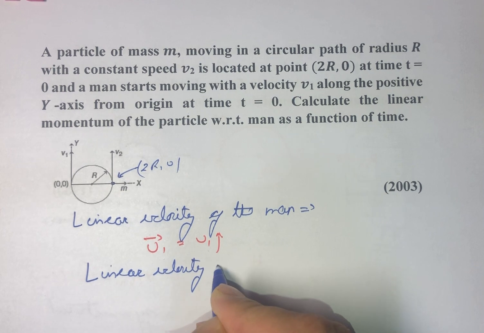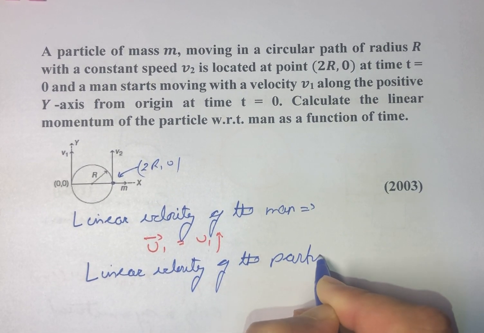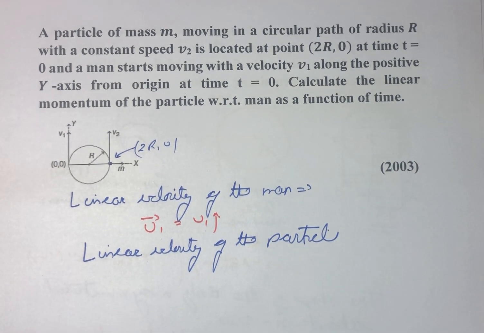the linear velocity of the particle is given as v2.